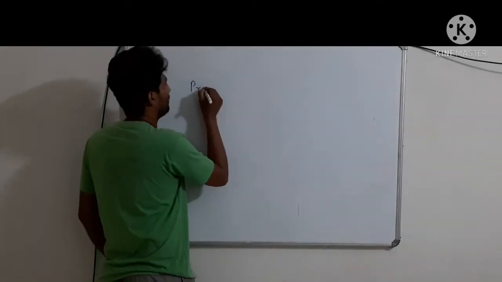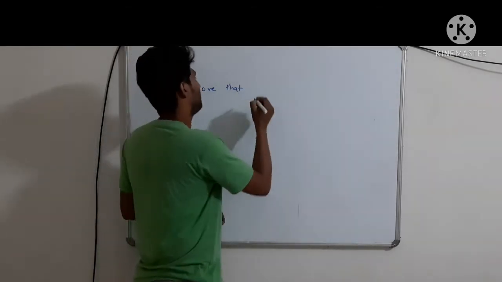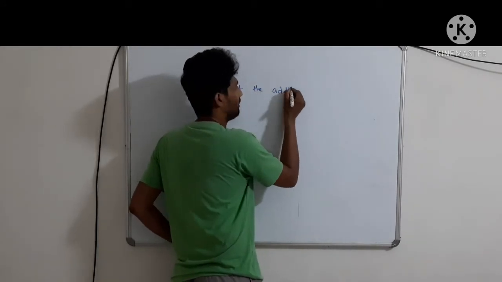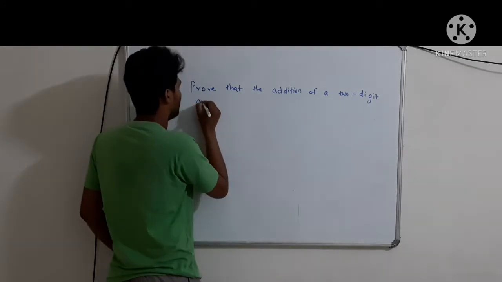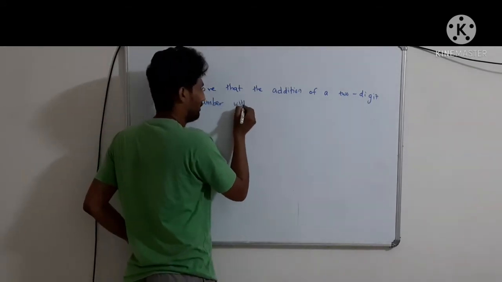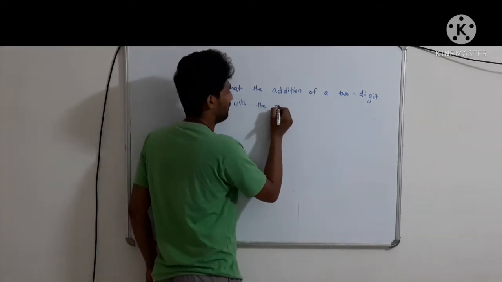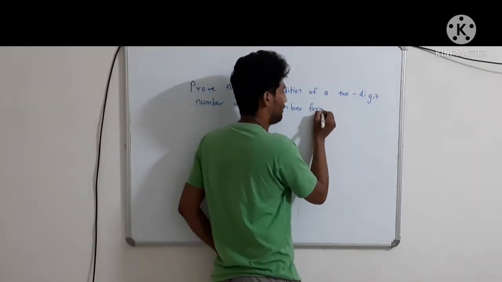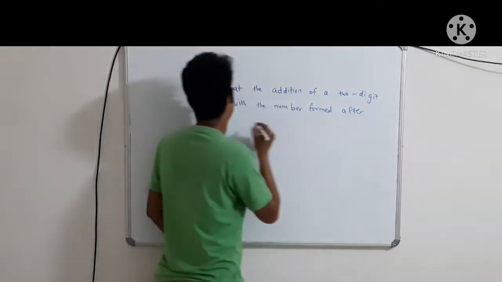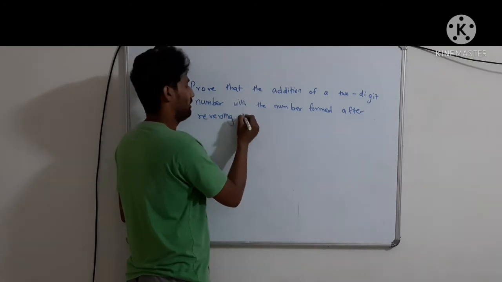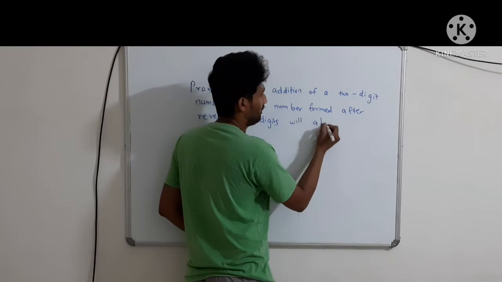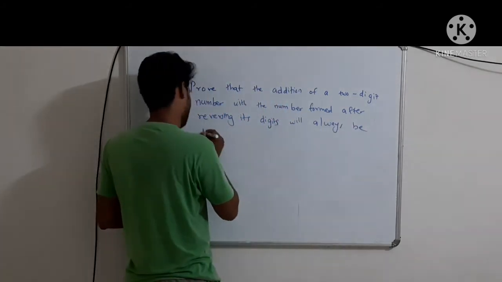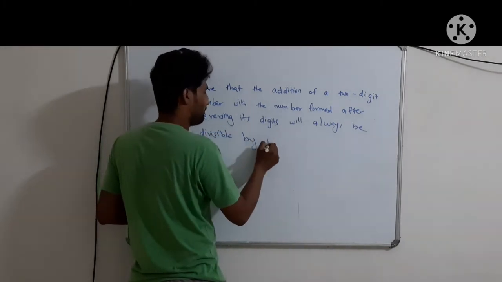Let us write down the proof of this formally. Okay, so prove that the addition of a two-digit number with the number formed after reversing its digit will always be divisible by 11.